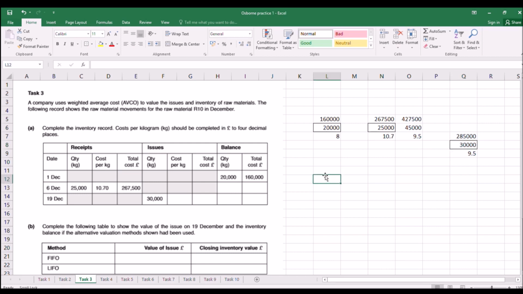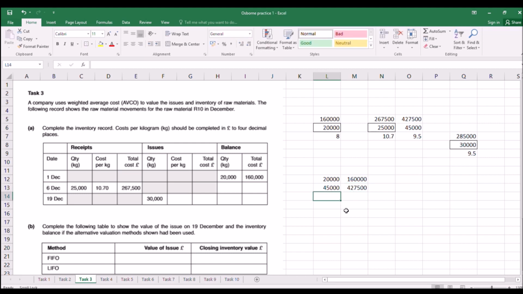Okay, so the quantity that we've got left in the end, we're going to put into our table, which is going to be our balance, which is what's left. So let's add these all together. So 20,000 and £160,000. Then after this one, we've got 45,000 for 427,500.